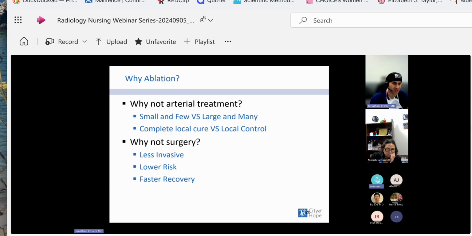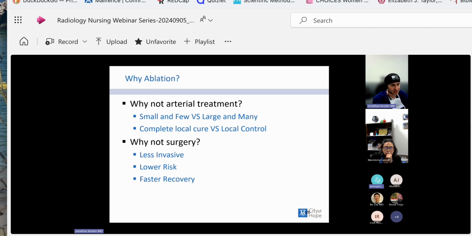They shrink the tumors, they keep them shrunk, they do a good job of that. But with some exception with Y90, the majority of these tumors are not completely cured by the arterial treatments I've been talking about, right? So they shrink them down, they kill them off, but eventually, given enough time, they start to grow back again.